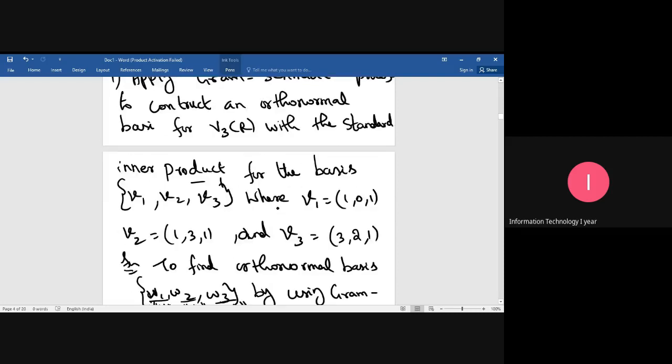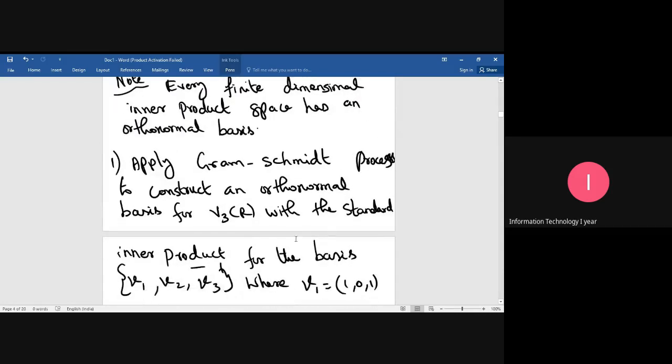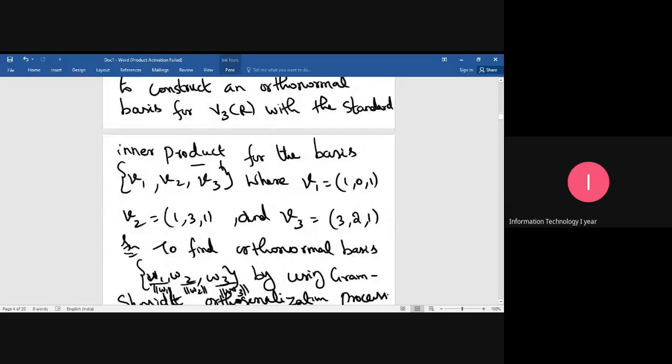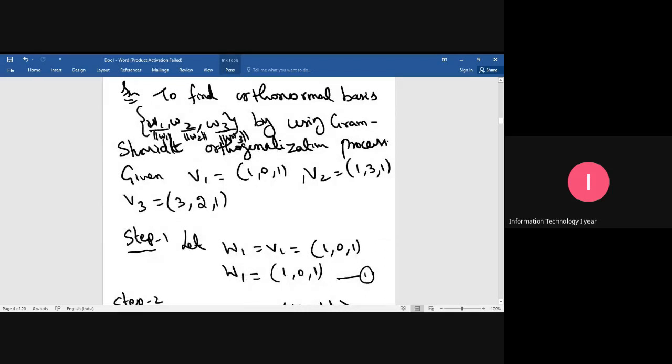The question is: using the Gram-Schmidt orthogonalization process, construct an orthonormal basis. V1, V2, V3 vectors will be given. So finding the orthonormal basis W1, W2, W3 divided by that vector norm. Using the orthogonalization process, write what V1, V2, and V3 are.